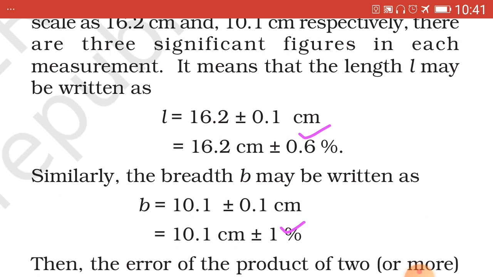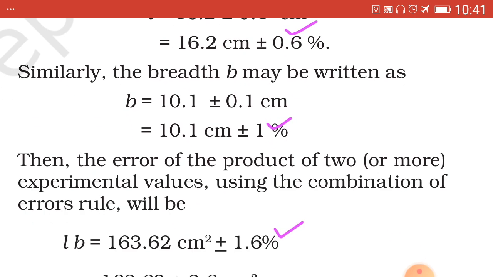Similarly, for breadth B equal to 10.1 plus minus 0.1 centimeter equal to 10.1 centimeter plus minus 1%. How 1%? Because it is 0.1 upon 10.1. On simplifying and rounding up, you get 1%.